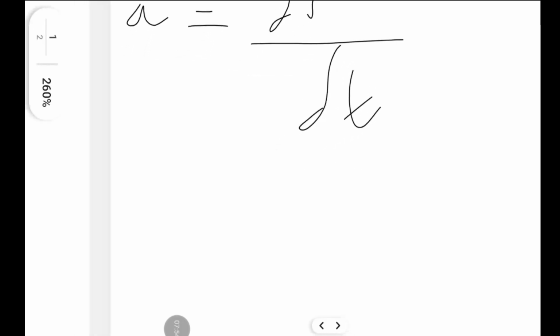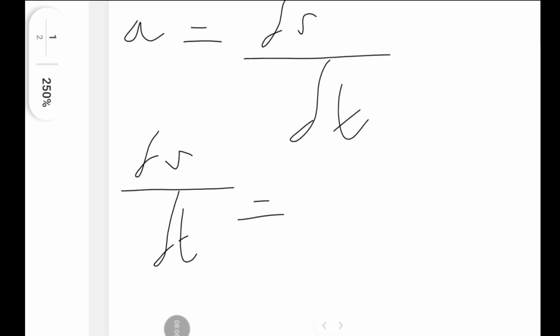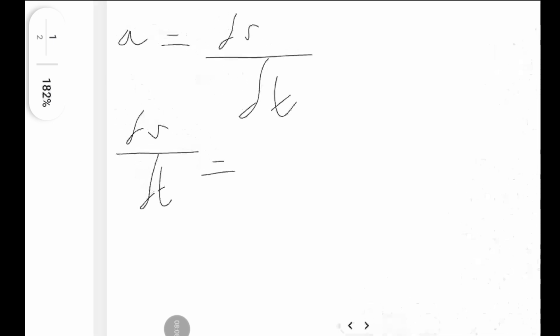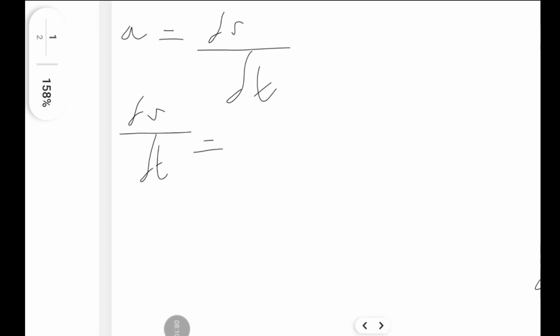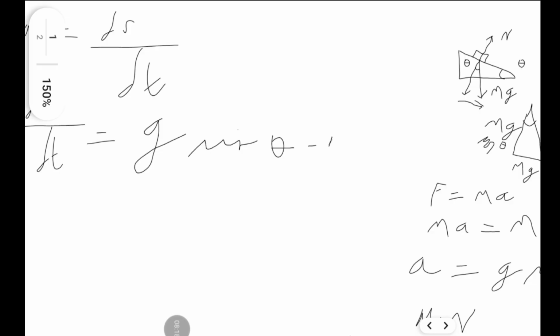So if we wanted to continue that, dv by dt is equal to gravity times sine of theta minus mu cos of theta, like that.